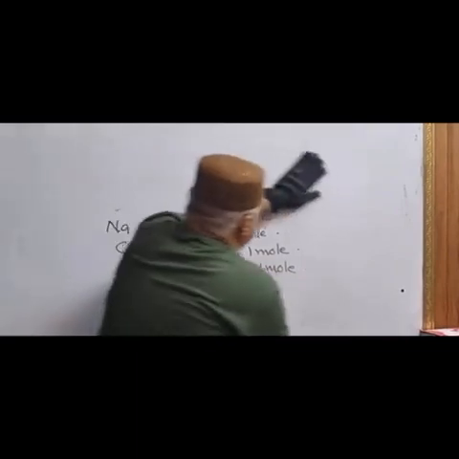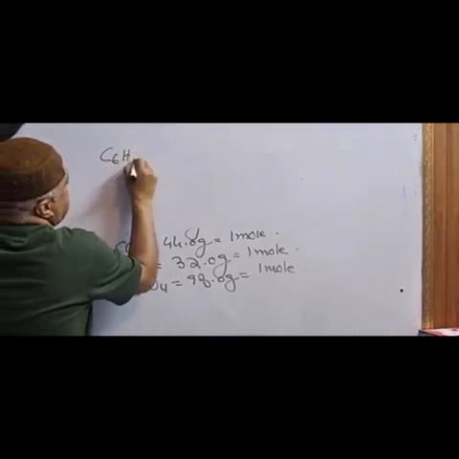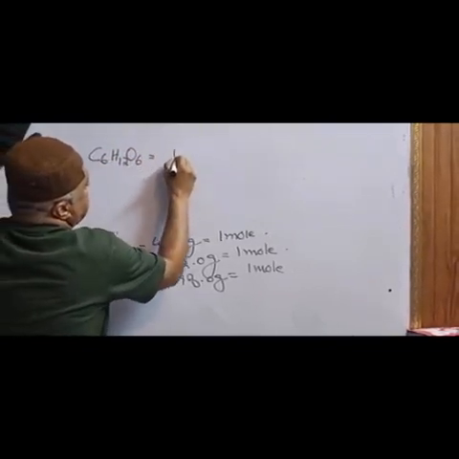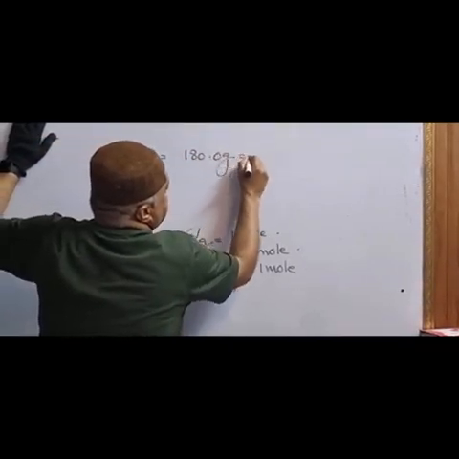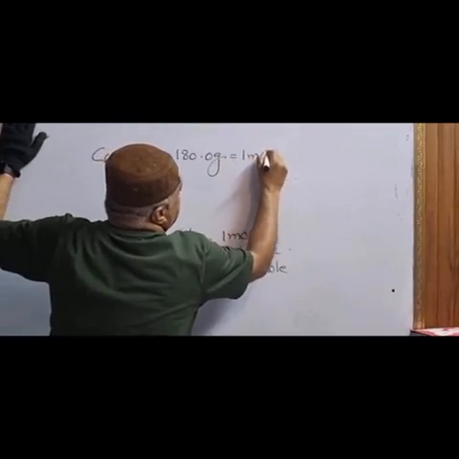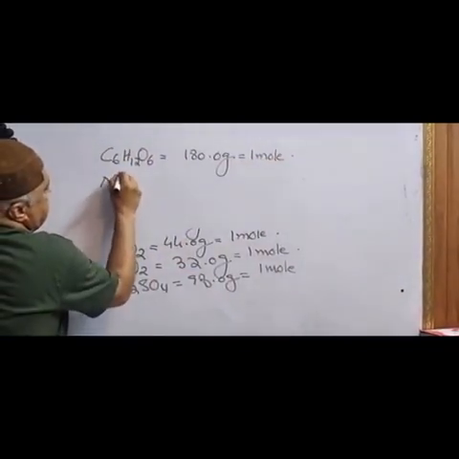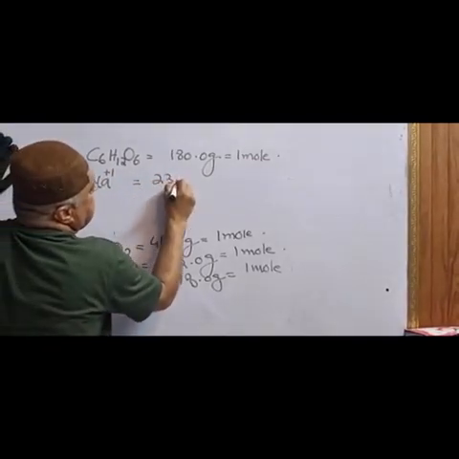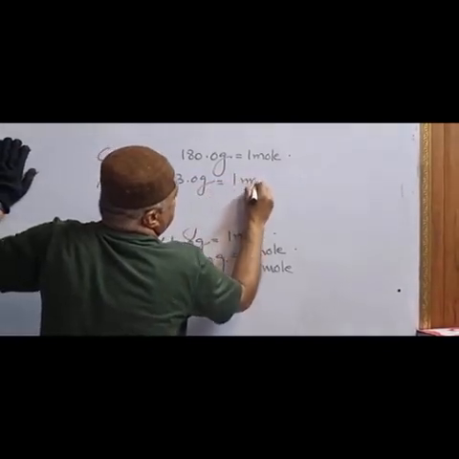In the very same way, glucose C6H12O6, its mass is 180, when expressed in grams, will be equal to 1 mole. Iron, its mass is 23 gram, is equal to 1 mole.